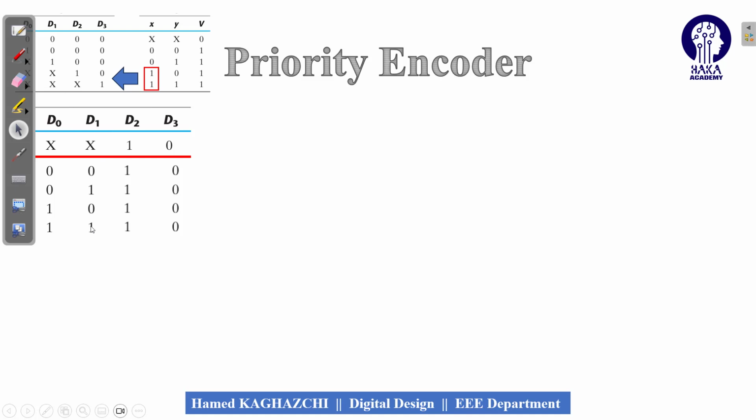Now we can find the corresponding minterm of this one. What is this? M2. What is this? M6, M10, M14. It means that this line, x, x, 1, 0, represents M2, M6, M10, M14. It means that for these 4 minterms, I have to write 1. Similarly, for this row, the same thing happens.